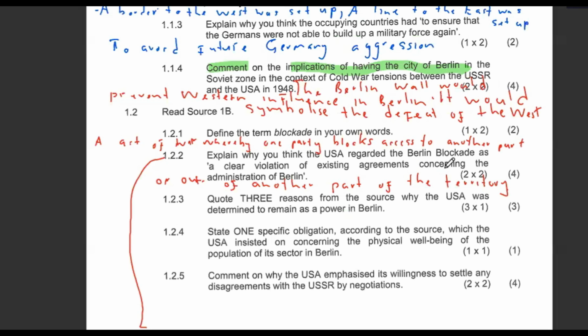Explain why you think the USA regarded the Berlin blockade as a clear violation. Yes. So the first reason, you can say that the blockade was actually the opposite of what they agreed upon.